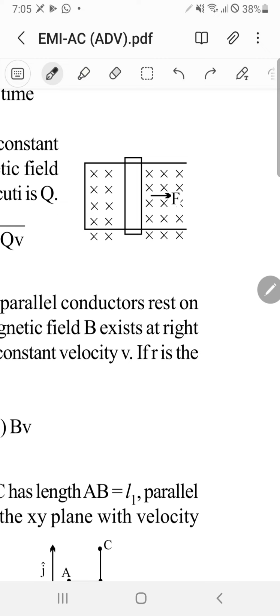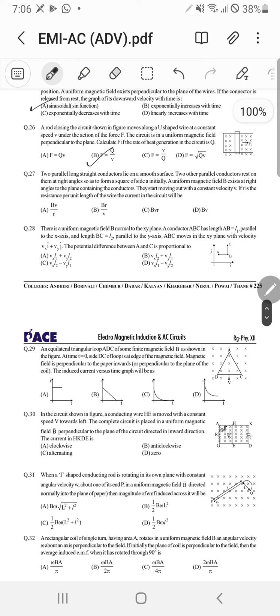F times V. Okay, that's the power, but Q is also like power, isn't it? Okay, that's nice. So F times V equal to Q. That was easy. So what are we trying to find? Calculate F. It's going to be Q by V.